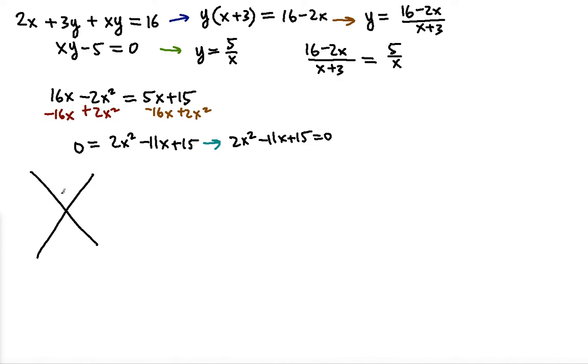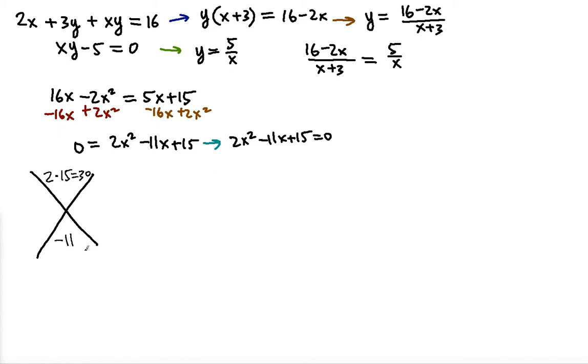So we need 30 being the product of these two. And on the bottom, we're going to write the middle number, negative 11. Okay, so we multiplied the outer numbers and the inner number is here.